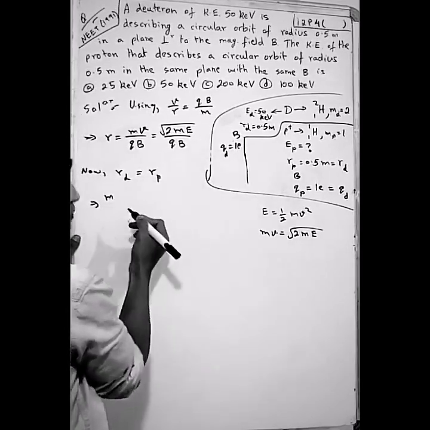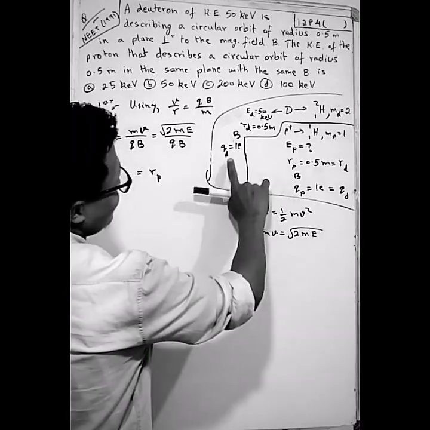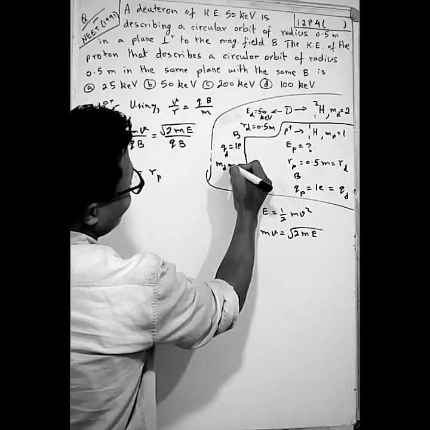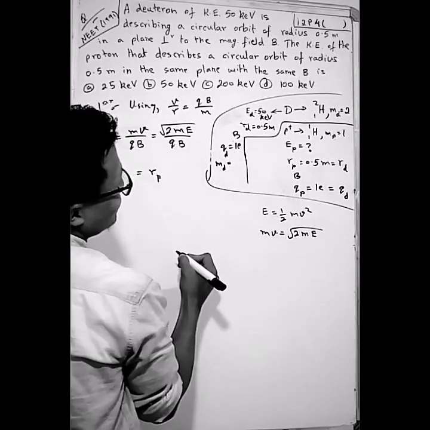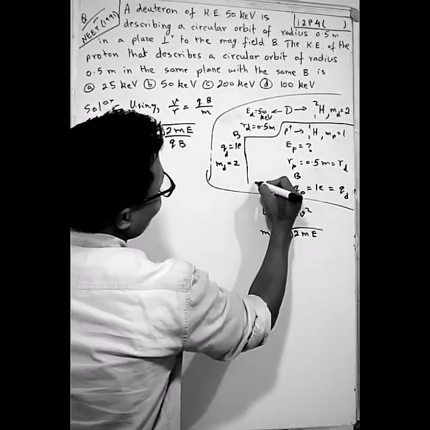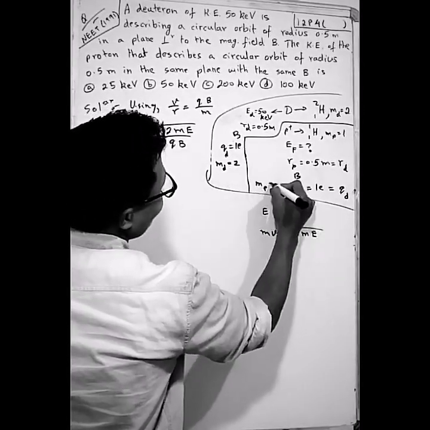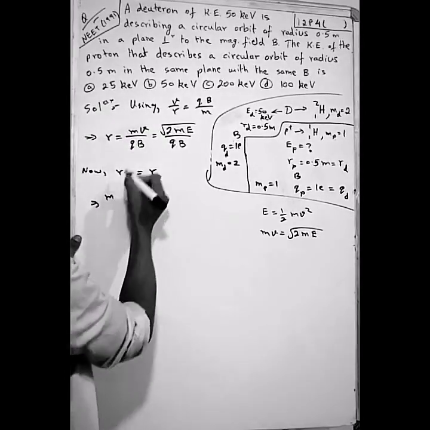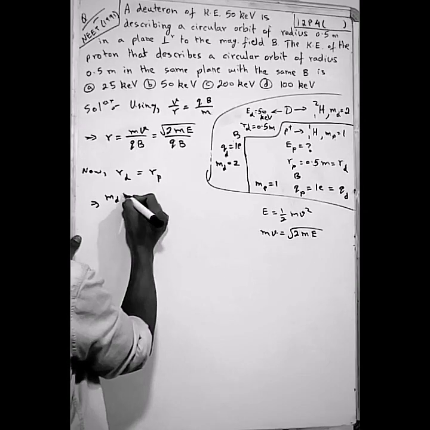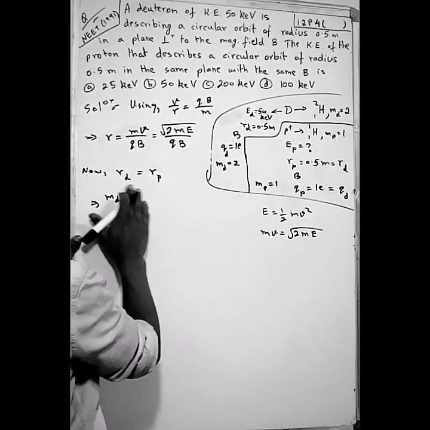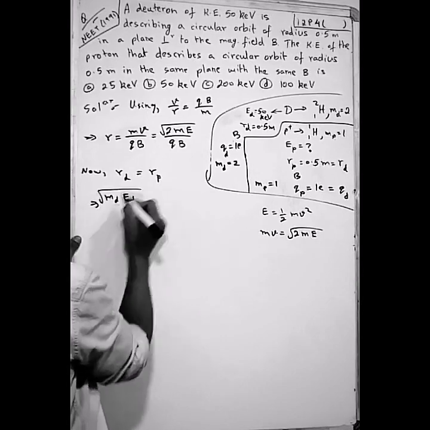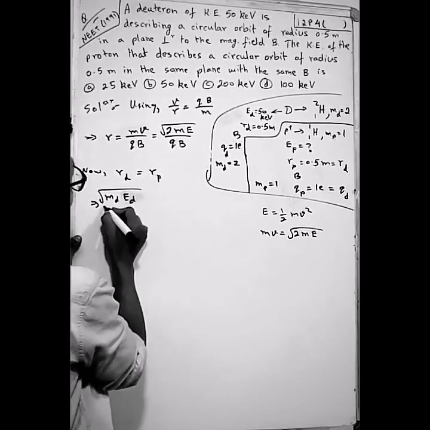And then what do we have here? M, mass, same or different? Mass of deuterium is 2. Mass of proton is 1. So mass is different, let's put here deuterium. V, okay, we just put there directly. E for deuterium, root over, since E is also different.